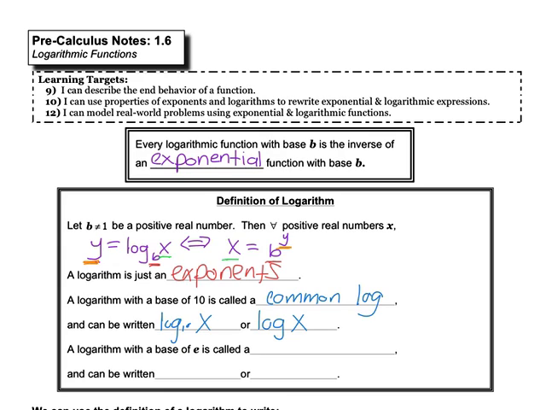A log with a base of e, remember e from the last section, is called a natural log. That would look like log base e of x, which you're probably not used to seeing. You're probably used to seeing it as ln of x. So ln of x is the natural log of x.